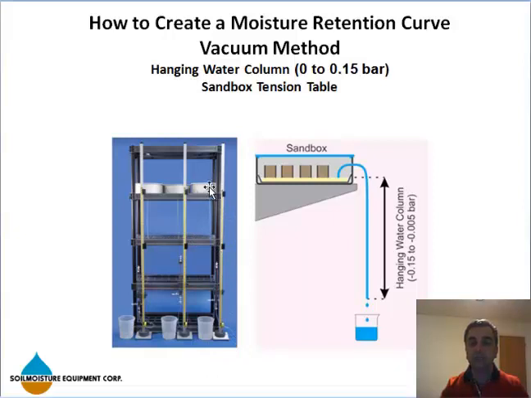One is the plates or the plate assembly, the other one is the hanging stand, and the third part is the shelf. In this picture you see three sets of hanging water column, three tension tables with three hanging columns. We have another option of this product that has the shelf and just one tension table and hanging water column stand.